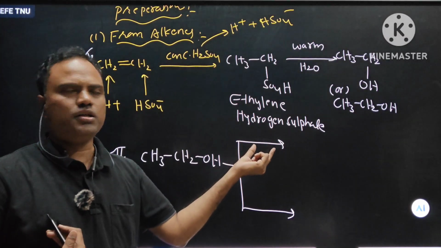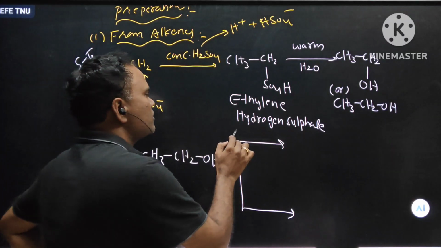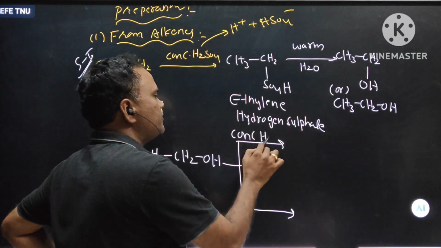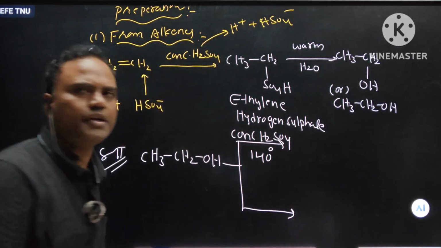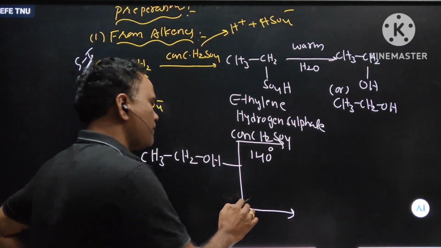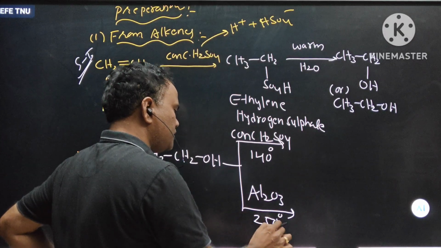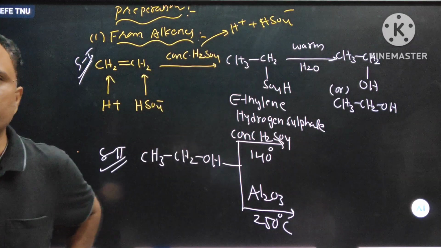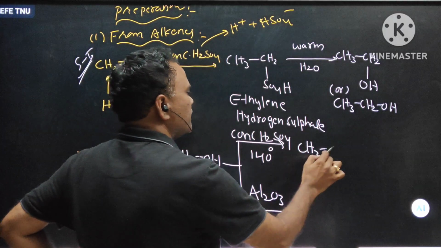I'll add one reagent here. I'll get ether. What is that reagent? Concentrated sulfuric acid at 140 degrees centigrade, or Al2O3 at 250 degrees centigrade. Temperatures are very, very important. In this case, you will get the ether.